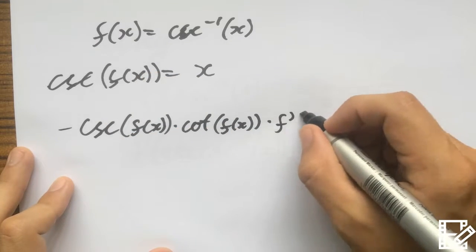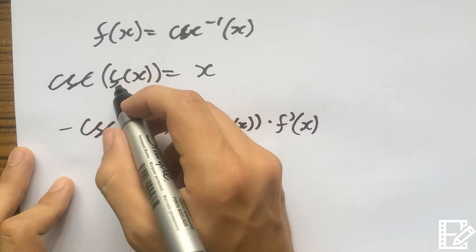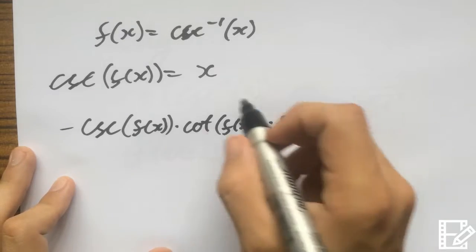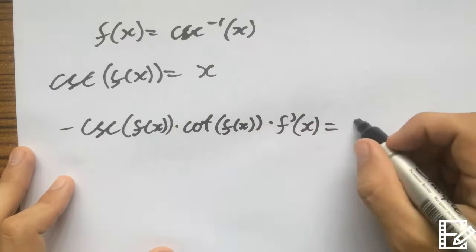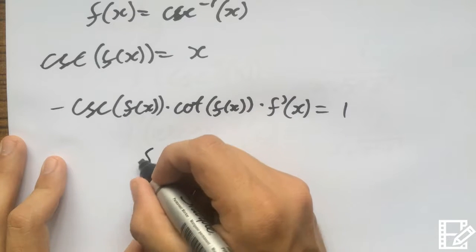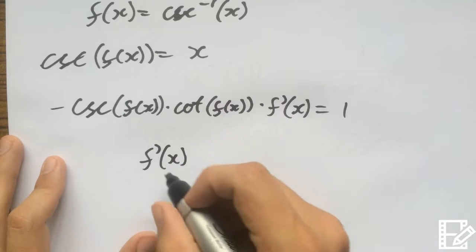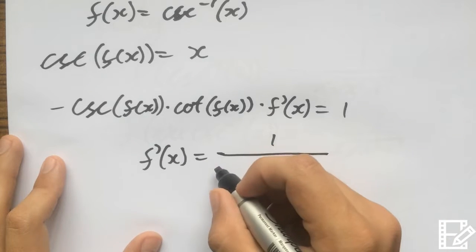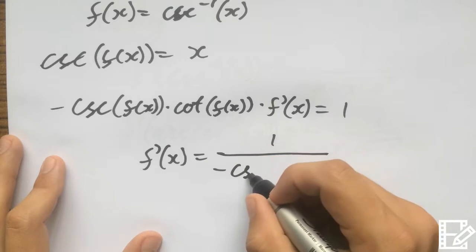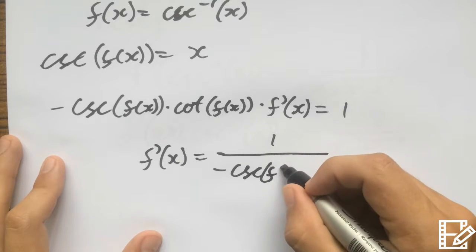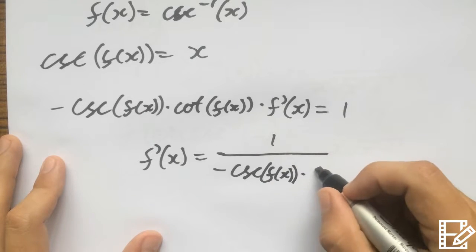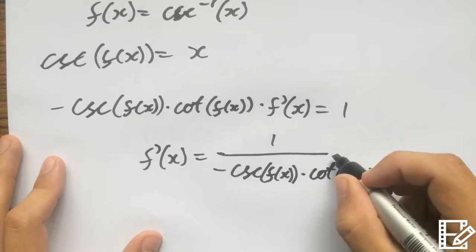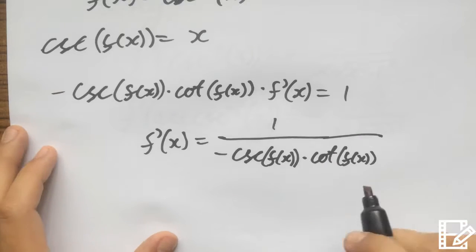If fx is the function, derivative would be f dash of x. Now the right hand side, which is just x, so the derivative is 1. Now I'm going to rearrange this to get f dash of x on its own. So that will mean I'll have to divide both sides by cosec fx multiplied by cotangent fx. That's what we'll get.